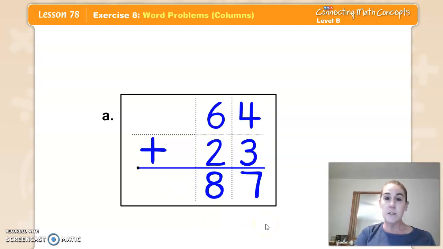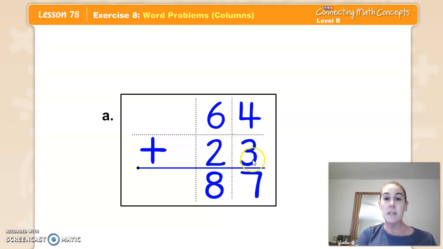Okay, there's going to be some word problems in lesson 78 that when we do the lesson together, we'll read to you. But the important thing to know is when you're writing down the numbers and the symbols that they go in the right spots. Here they're showing you the ones place. Here they're showing you the tens place.